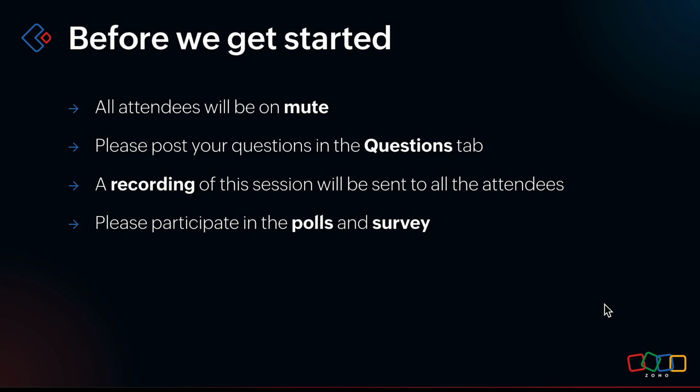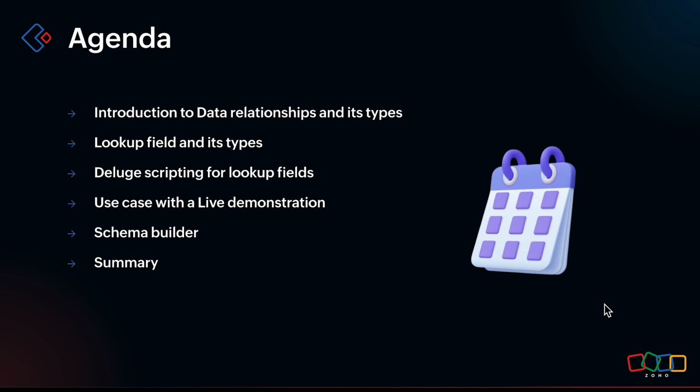So with this housekeeping in mind, let's move on to the agenda for this webinar. We will start with an introduction to what data relationship is and the different types of data relationship that you can create. Then we'll delve deep into how one of the fields in the advanced field category, the Lookup field, helps you bring data relationship into your application.